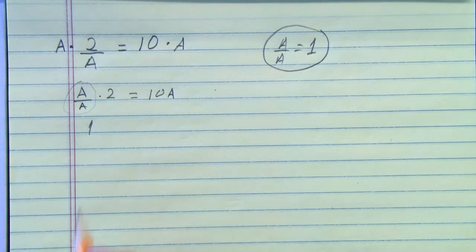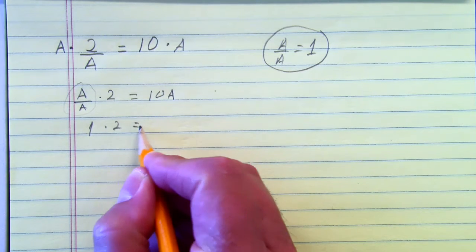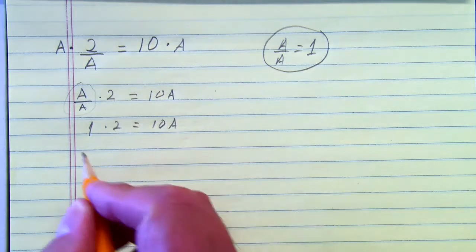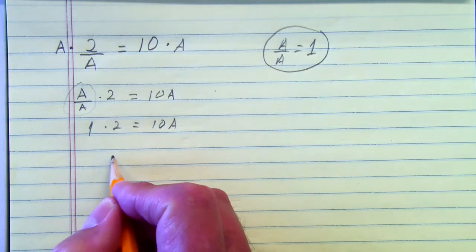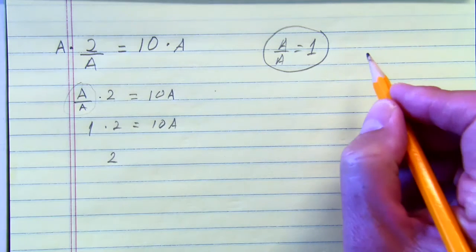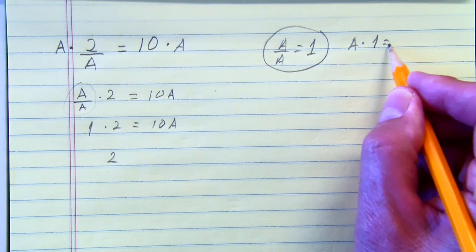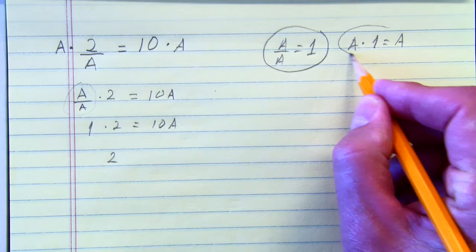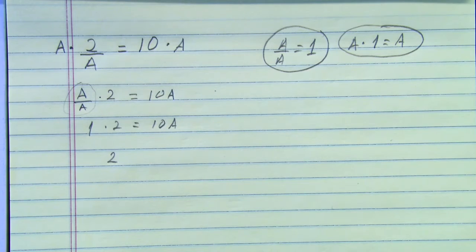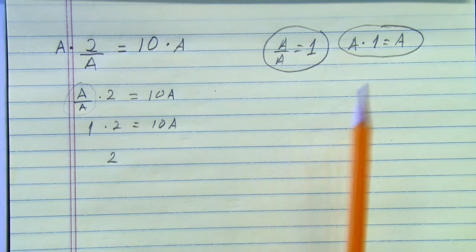Alright? So I have 1 times 2 equals 10a. And then any number times 1 is itself. Any old number times 1 is itself. This is the other one. I like to tell students that these are the 2 pillars of algebra.